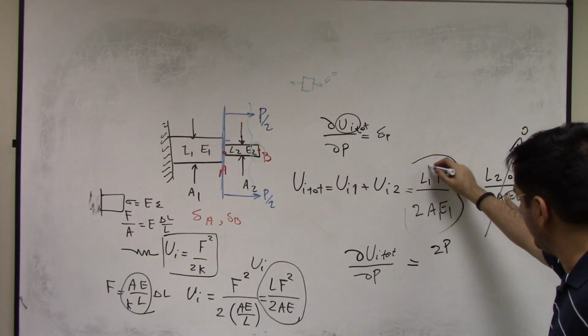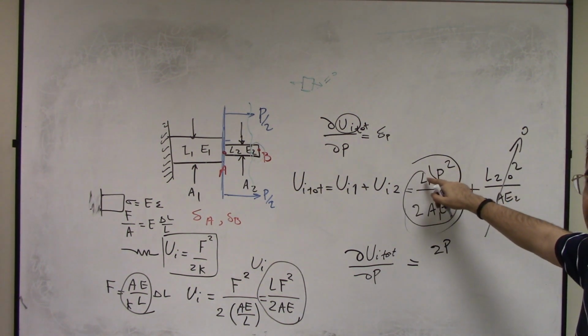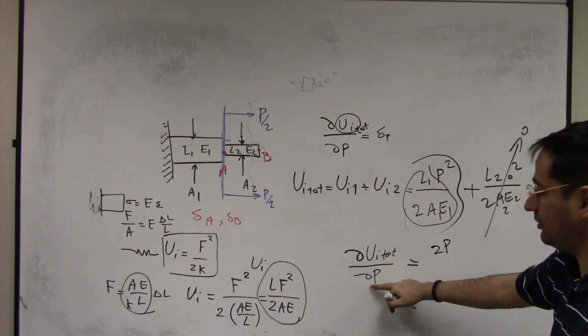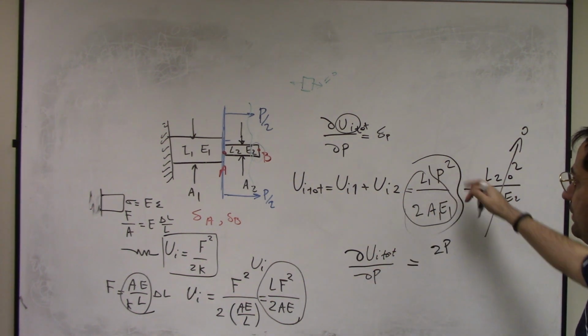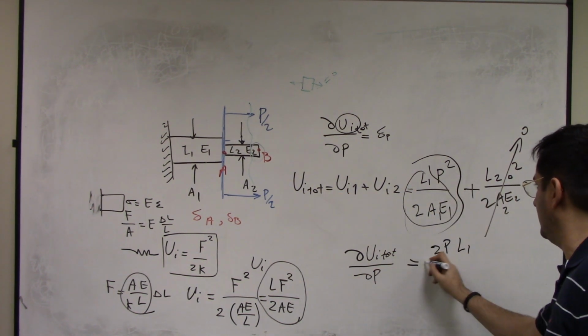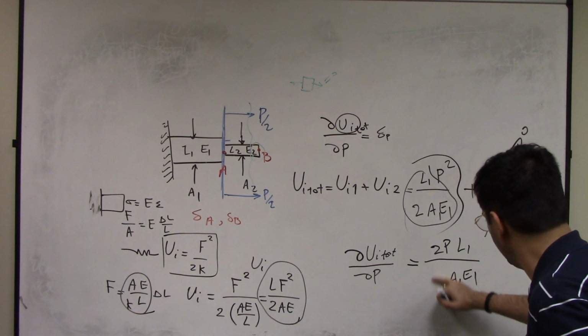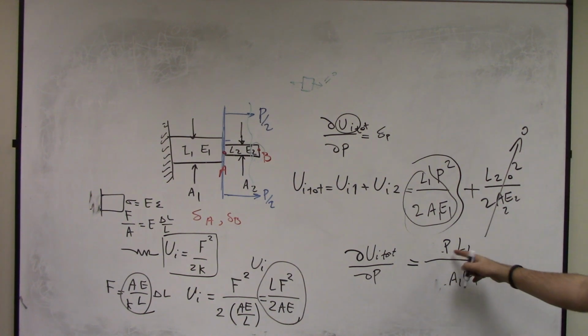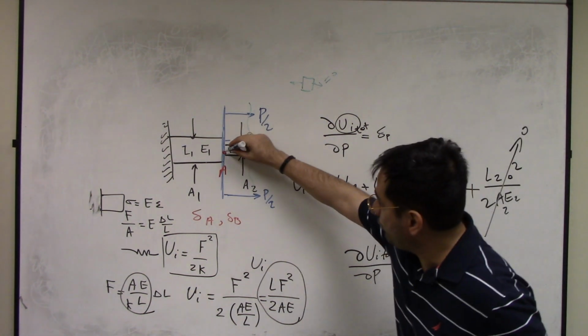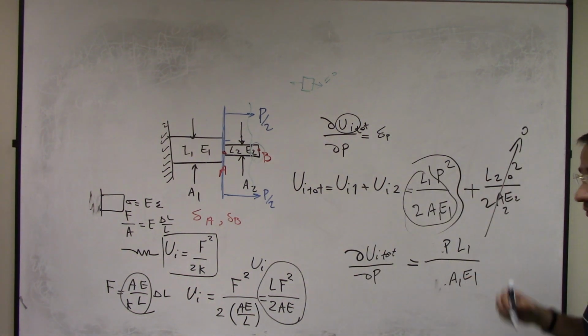The rest is just constant. This is constant because P is variable with partial P, right? So that's going to be 2P L1 over 2 A1 E1. 2 cancels out with 2, and you get P L1 over A1 E1. So the deflection at this point is P L1 over A1 E1.